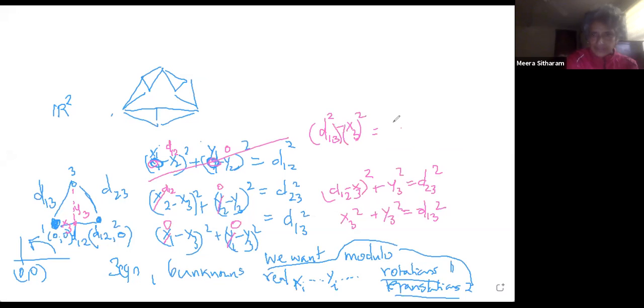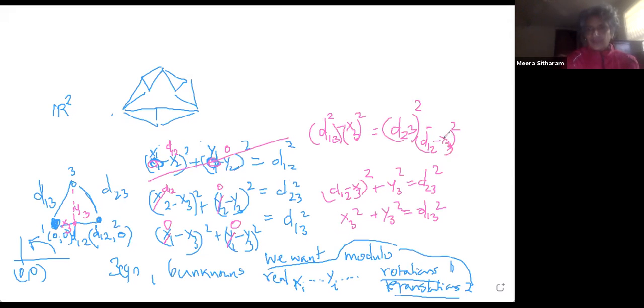And you can also write it as D23 squared minus D12 minus x3 squared.